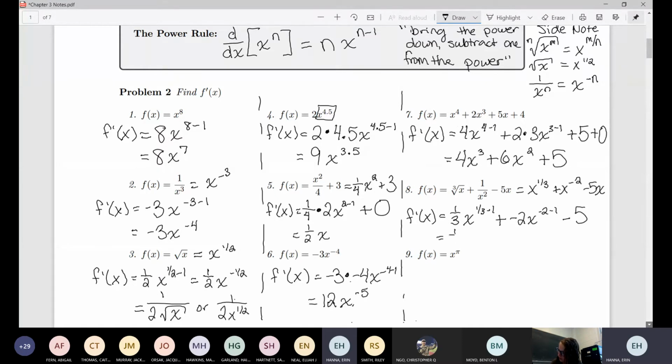So we would have 1/3 x to the -2/3. Always got to think about those. Minus 2x to the -3rd minus 5.